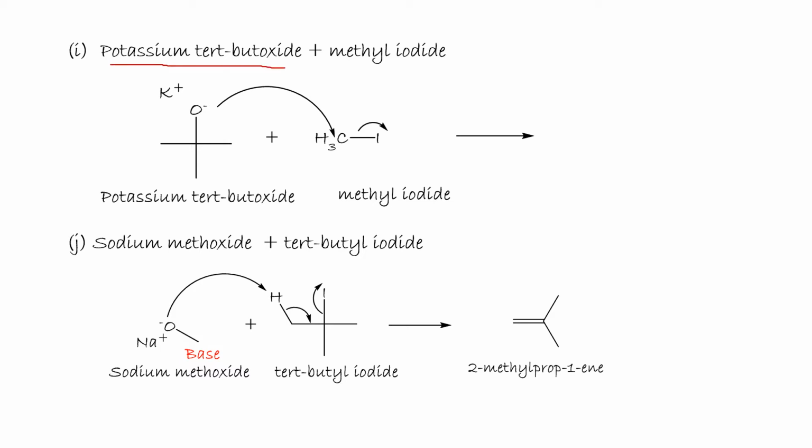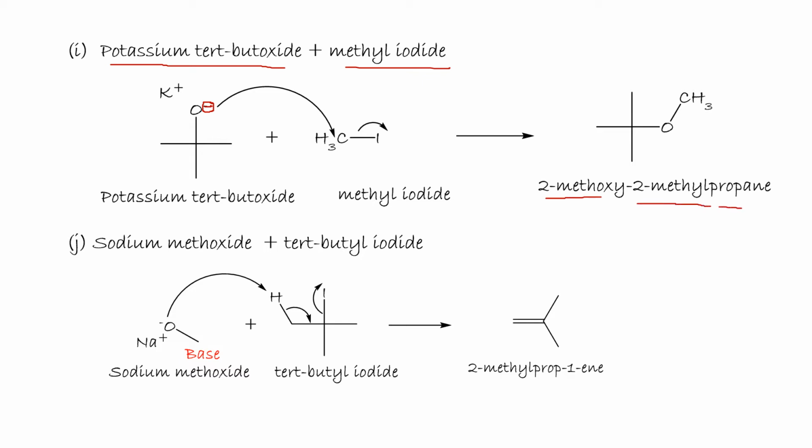Potassium tertiary butoxide with methyl iodide. This is the butoxide with methyl iodide, SN2 mechanism to give 2-methoxy-2-methylpropane, or what we call tertiary butyl methyl ether. Sodium methoxide with tertiary butyl iodide.